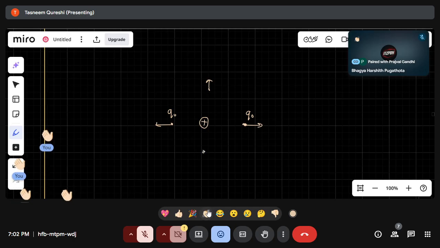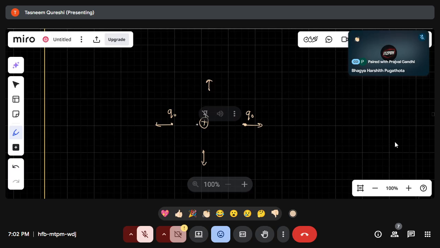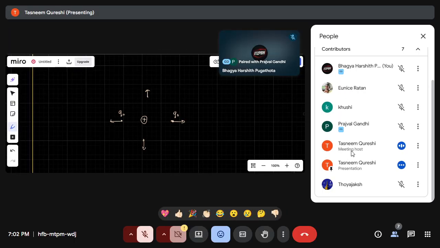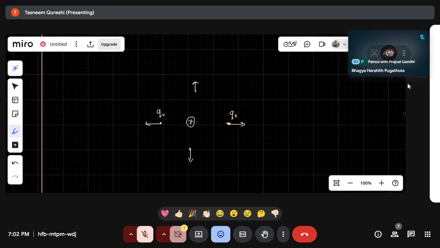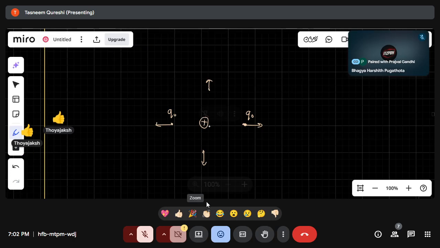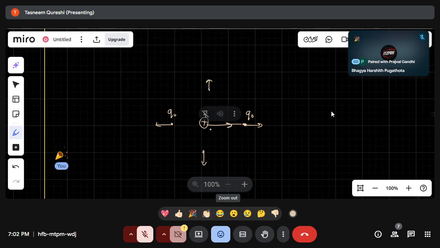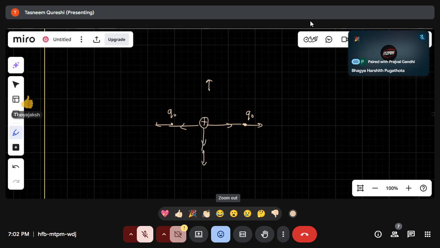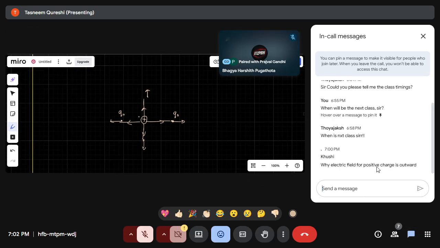If you keep it in front of it, I cannot draw that because we are in 2D space, it will come outward. If it is behind it, it will go backwards. So the behavior is that any test charge will move away. So that is why we tell the electric field is outwards.